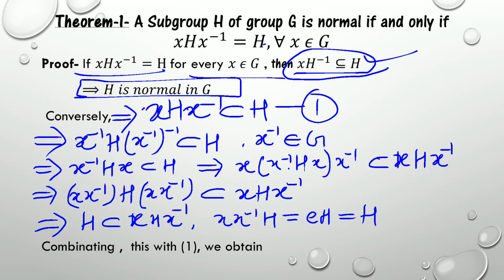Combining x inverse and x, it leaves H as a subset of x H x inverse. So x inverse x H is equal to eH, which is equal to H.